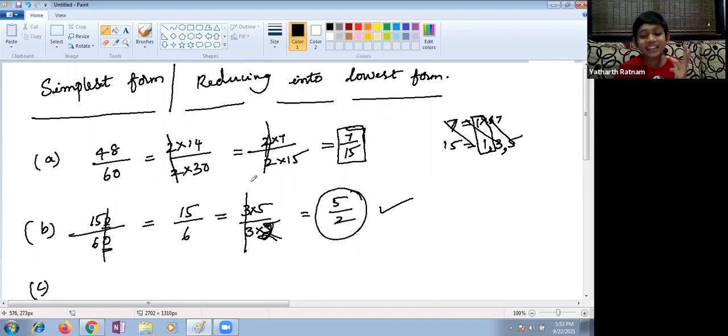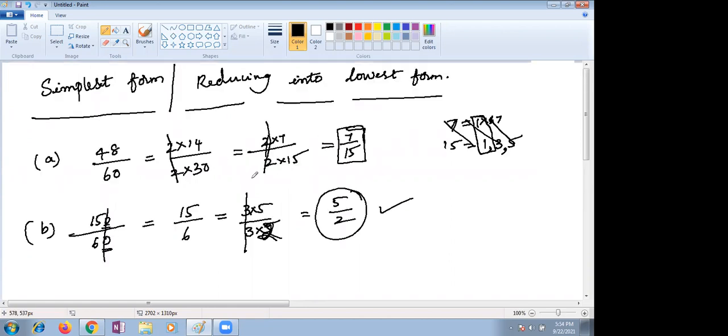Math is a game only, children. It's a big game. If you understand, you will enjoy, or else you will cry. Math is a lively subject.